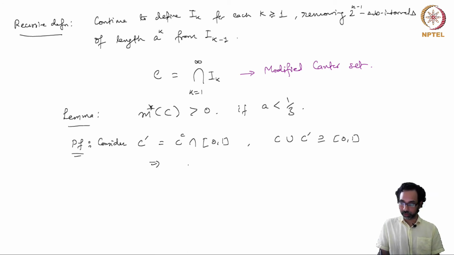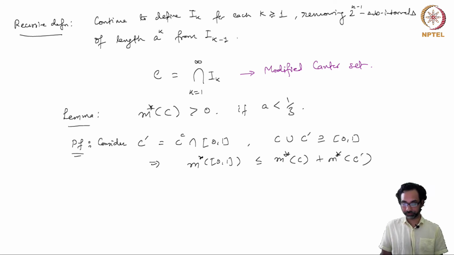Therefore by subadditivity we will have m star [0,1] is less than or equal to m star C plus m star of C prime.